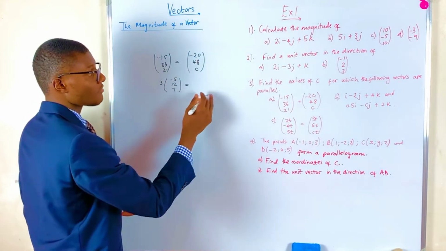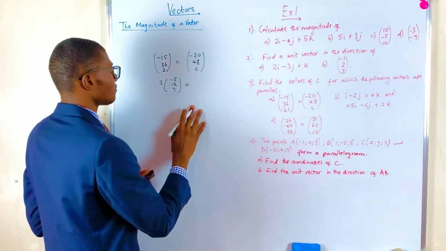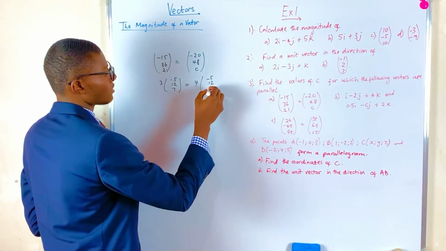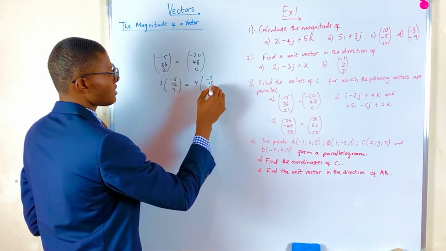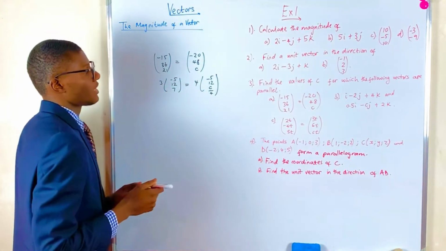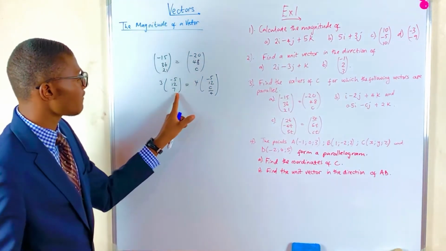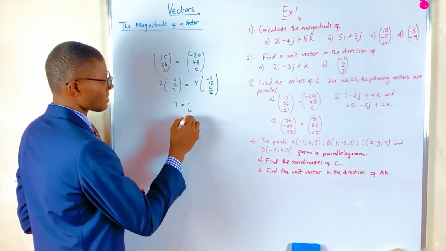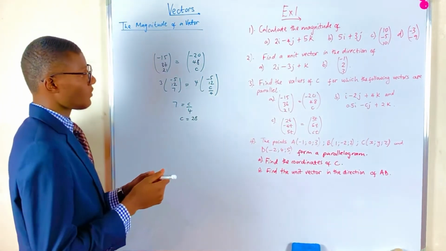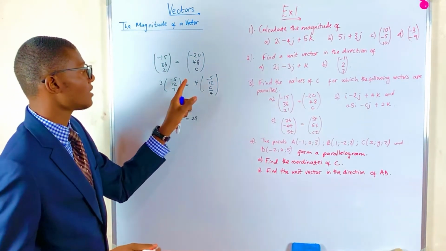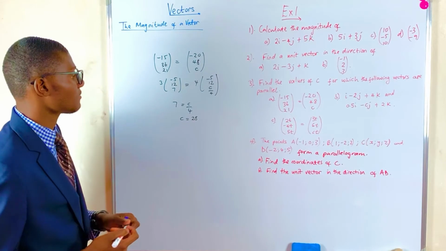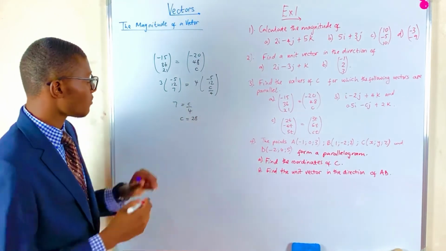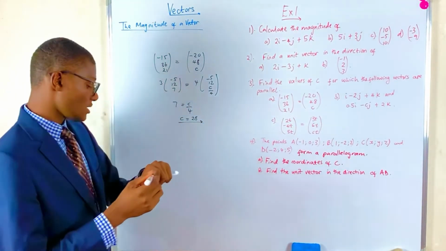On this side, let's factor out 4. We'll get minus 5, 12, and C over 4. So 7 should be equal to C over 4, which implies that C is equal to 28. Here, 4 into 28 will give us a 7, and that 7 will be equal to that 7. So C is equal to 28.